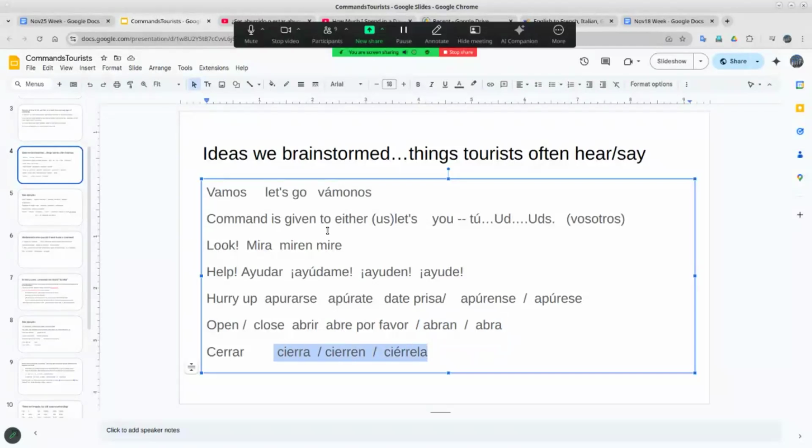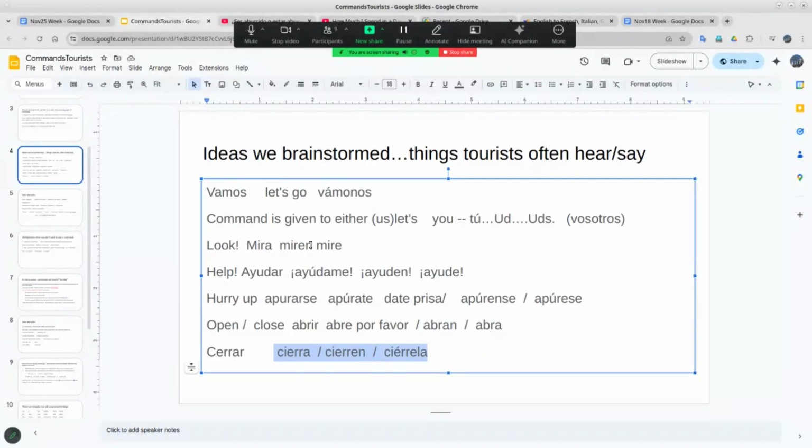For cerrar, close: cierra la puerta, por favor. Instead of cierras with an S at the end, we just cut off the S for the tú command. For ustedes or usted as a command, with an AR verb we take E type endings, an ending you would have for an ER or an IR verb.